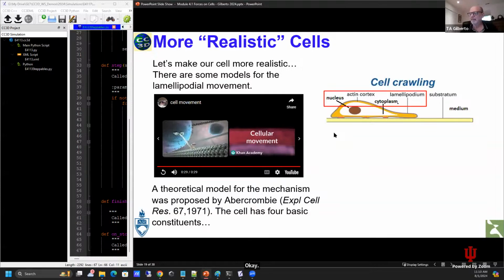There is a very interesting model built by Abercrombie, where it says that the cell has four basic constituents. This is how the cell crawls. We have the nucleus, the cell body, the cytoplasm, the lamellipodium, and the substratum where the cell is attached.